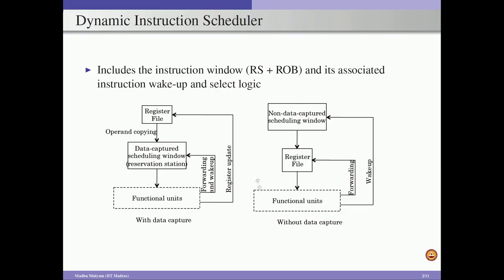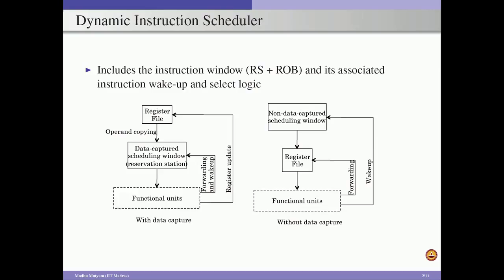So, in this particular design, our reservation station will have only the register tags, but not the contents of the registers. Whenever a functional unit executes an instruction, it forwards the data through this forwarding path to the register file, but it forwards the register tag of the computed value to the reservation station. So, this tag acts like a wake up signal for all the instructions which are waiting in the reservation station.